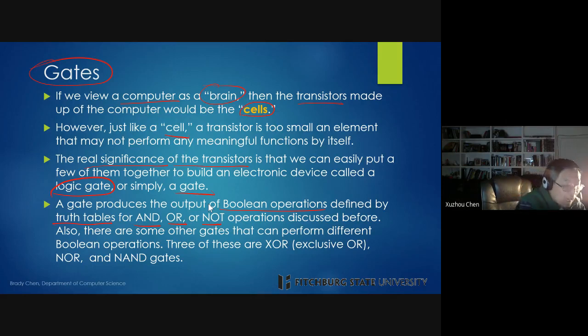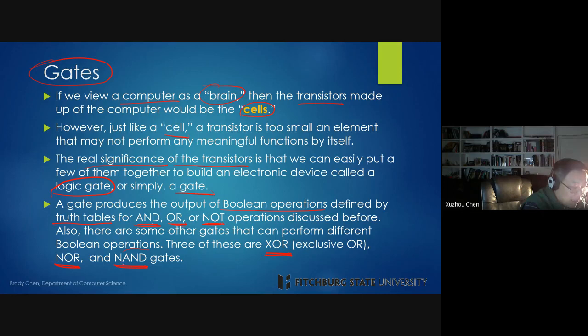Now, besides this AND, OR, and NOT gate, there are some other gates that can perform different Boolean operations. One of the gates is called exclusive OR. Then there is the NOR gate and the NAND gate, which is other than the AND gate.